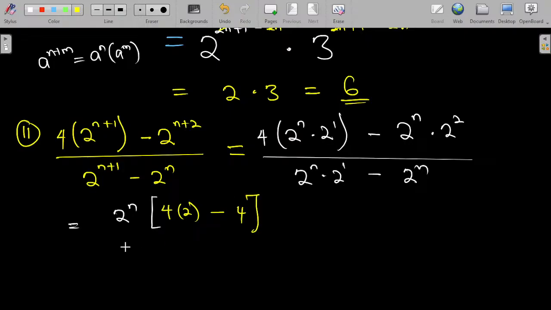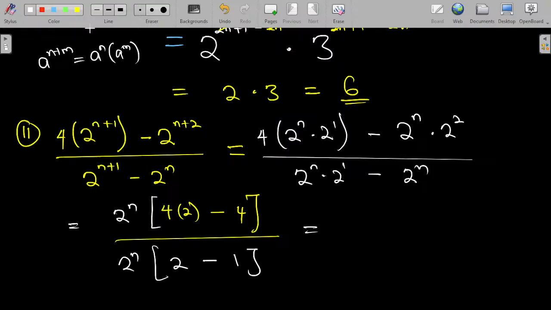So you can close this, all over. You also bring out 2 to the power of n here. In the bracket you will have only 2 to the power of 1 left, which is 2, minus, if you divide by 2 to the power of n, you have only 1 left.